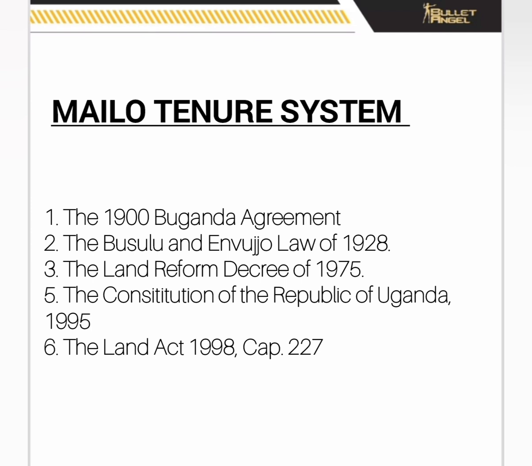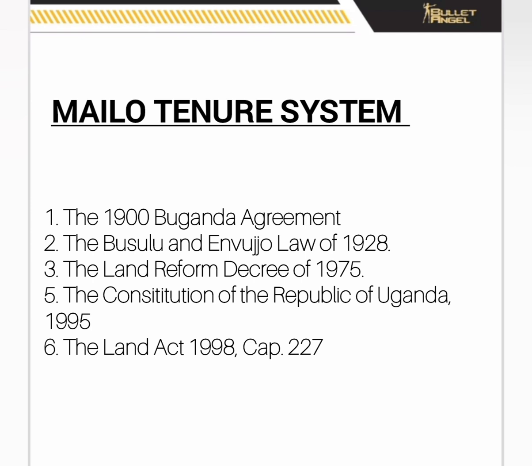Thirdly, Busulu was fixed at 10 shillings per year plus a merely nominal Envujo of 4 shillings per acre of coffee. So we see provisions that if the landlord allowed the Kibanja holder to be on their land, then the Kibanja holder enjoyed inheritable permanent rights over that land.